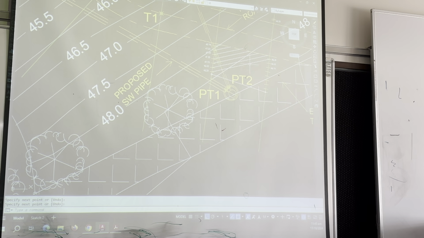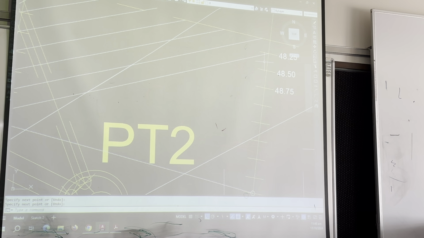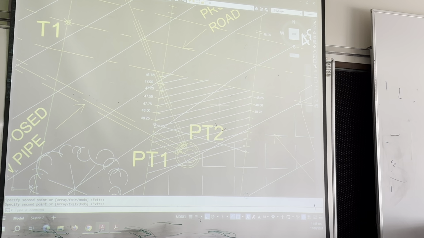Now the next issue is to copy these contours down parallel to the first one that we established, and then trim those contours off at the butterfly wing.